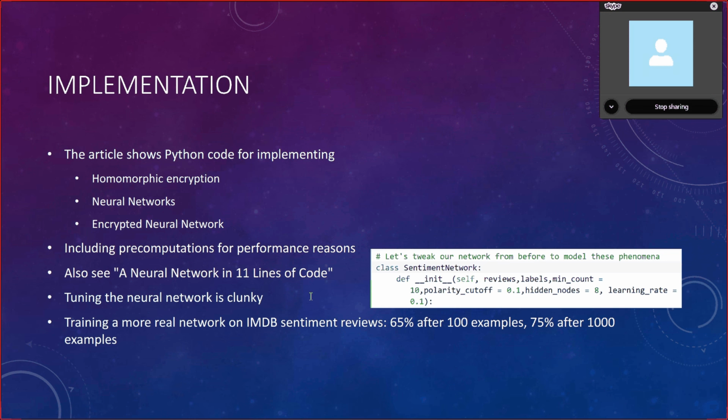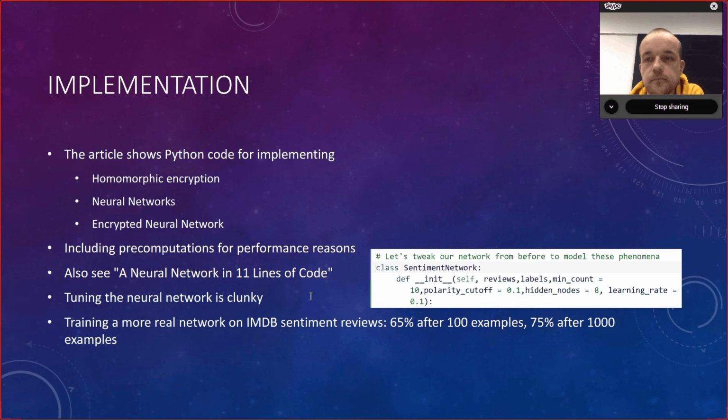Here, Trask has another article called A Neural Network in 11 Lines of Code. And even though these 11 lines of code are kind of difficult, they are not completely impenetrable. I don't know much Python, and I can read it and understand what's actually going on.